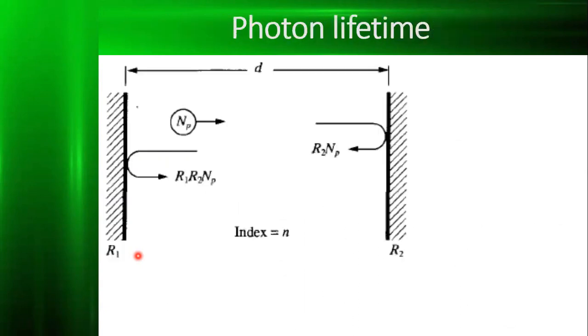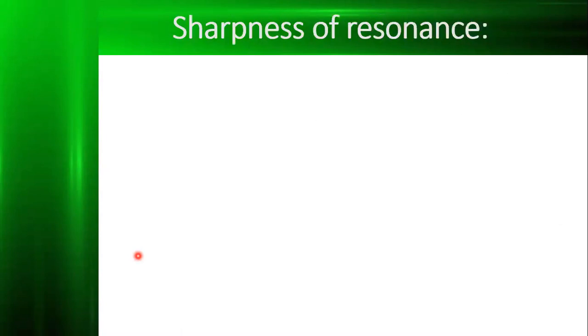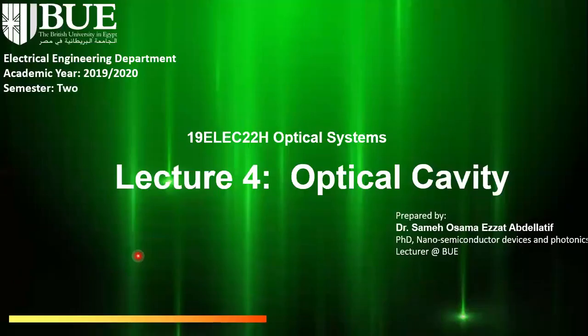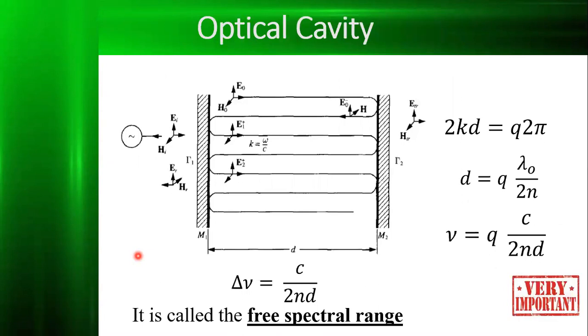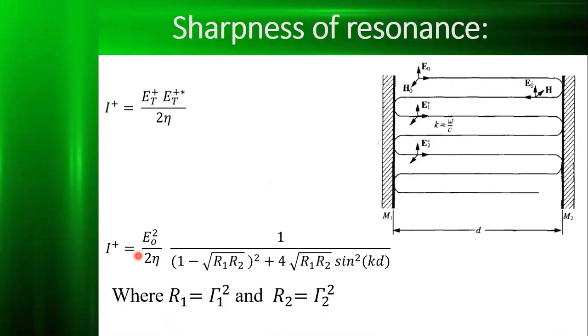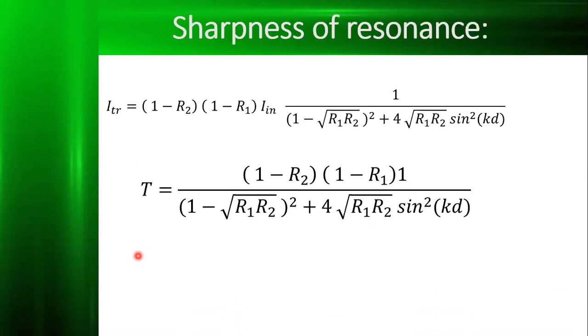Okay, in order to understand this relation, let's start with this famous equation, the transmission equation. This is the basic transmission equation we derived together in the previous lecture, and we made a quick review about it in this lecture.